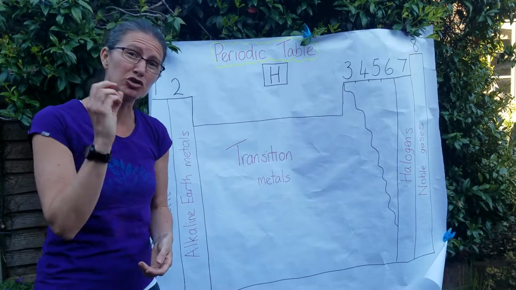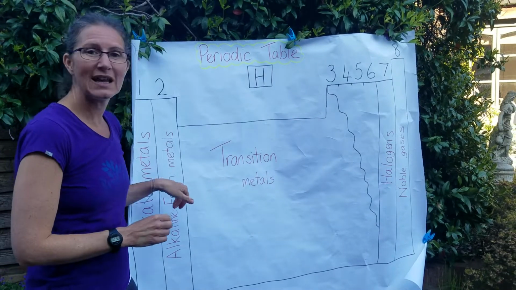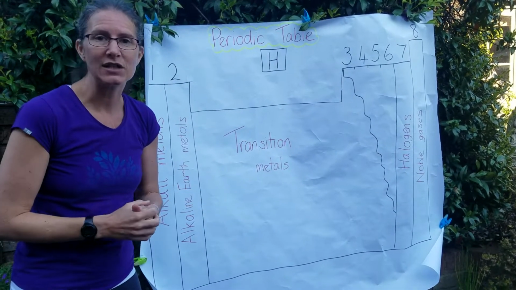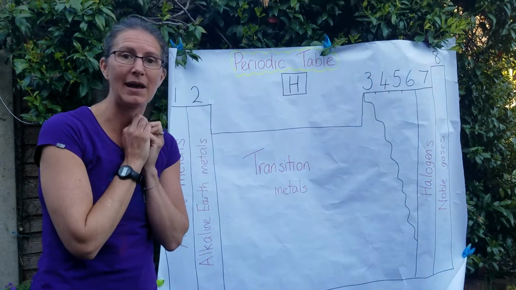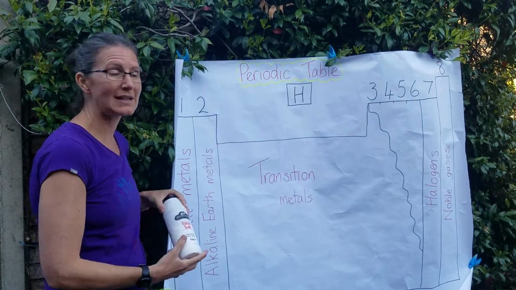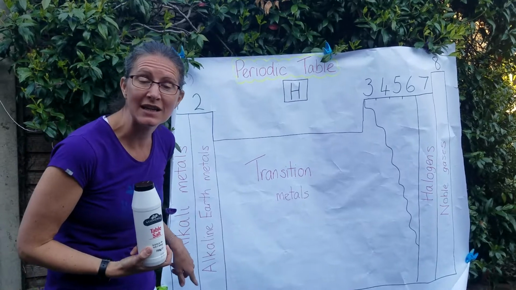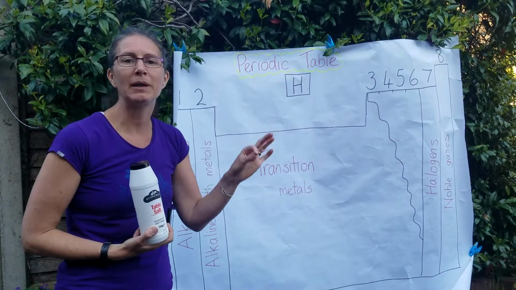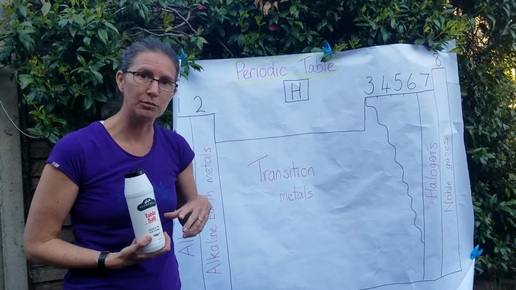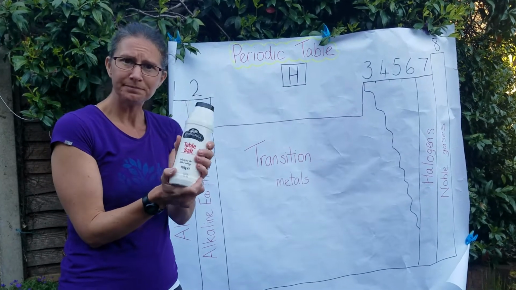And in fact, they're so reactive that they only exist in our lives as compounds. That means that they have to chemically combine with something else. So for example, you may have seen in the classroom when we did this as practicals, I put sodium, lithium and potassium into some water. This is sodium.